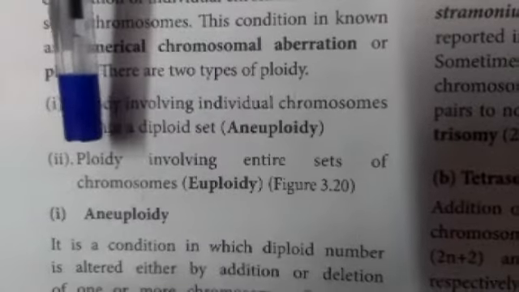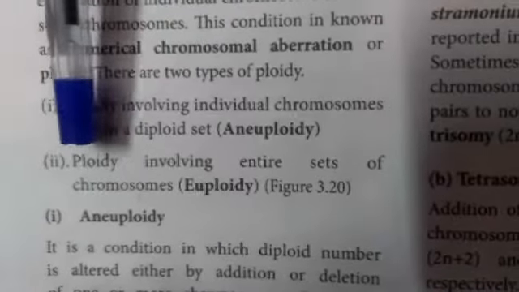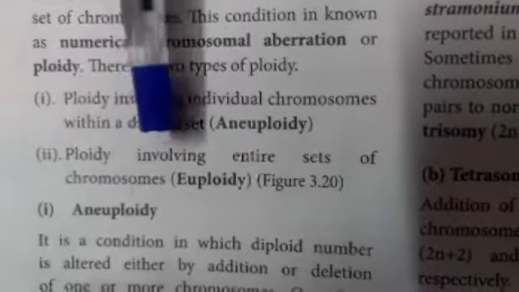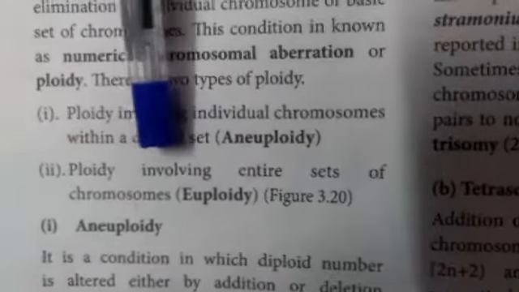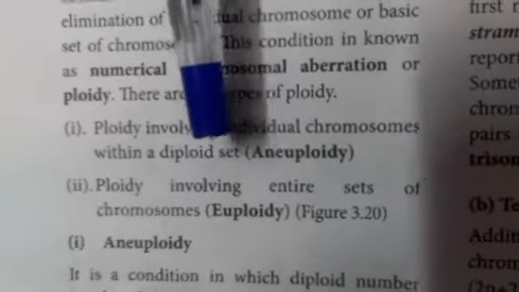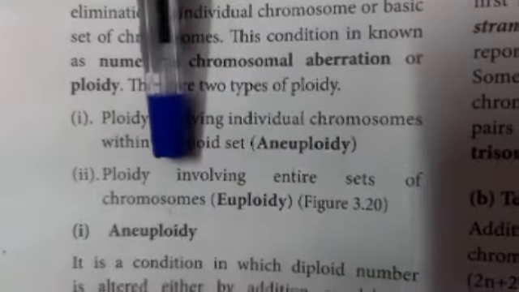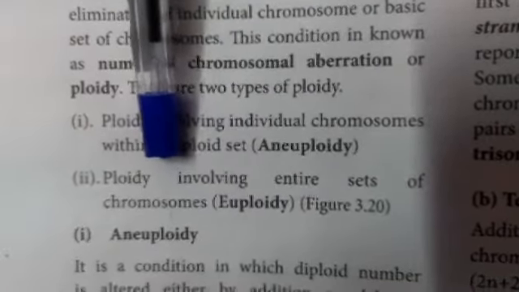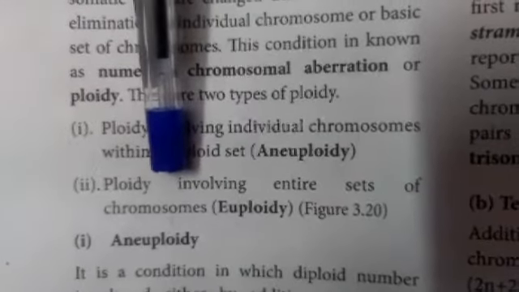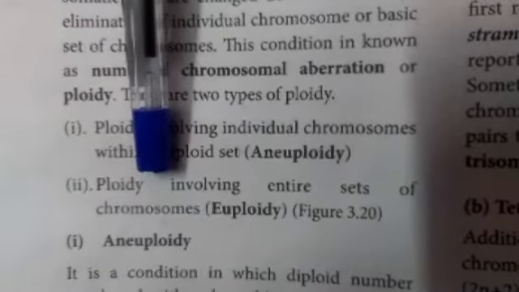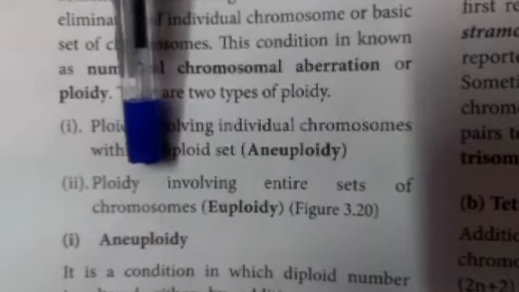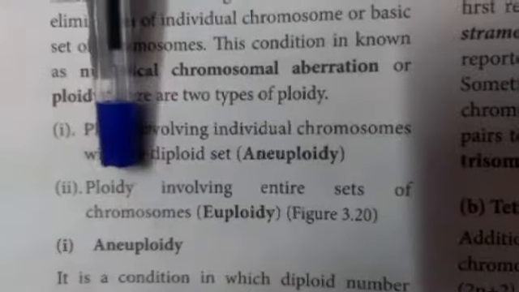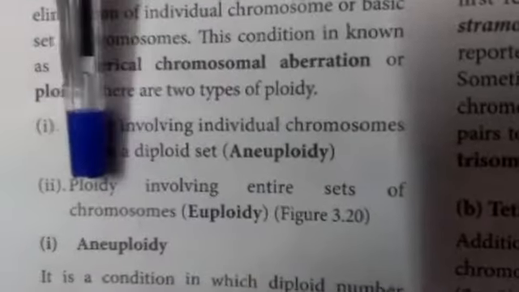If a set of 12 chromosomes is added to the existing diploid set, it is called euploidy. Instead of 24, the euploid organism possesses 24 plus 12, or sometimes the diploid set is added again.